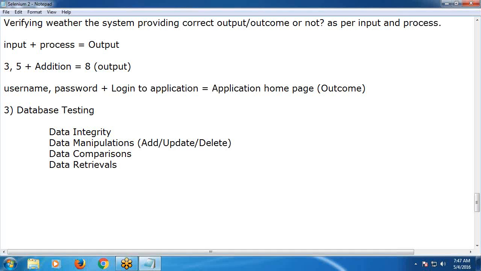Generally we retrieve specific data. How to retrieve? Using SQL commands, we can retrieve specific data.